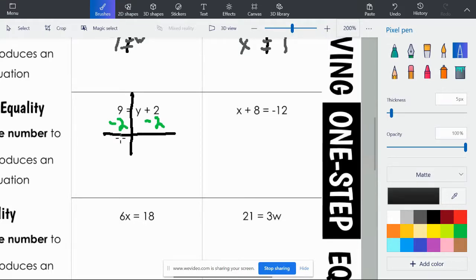Once we do that, 2 minus 2 is going to be 0. Those cancel out. Our variable gets brought down. And 9 minus 2 equals 7. So that's our answer. And think about it, 7, if we plug that in for y, because they're equal, they have the same value, 7 plus 2 does equal 9. So we know we're right.